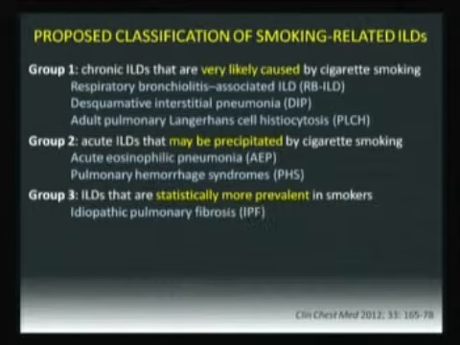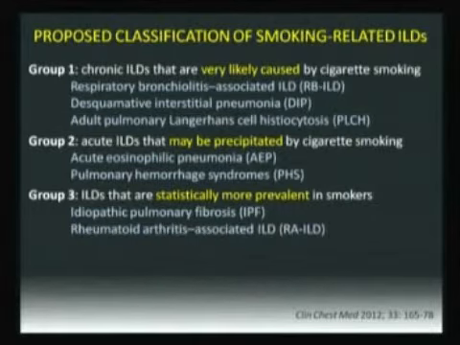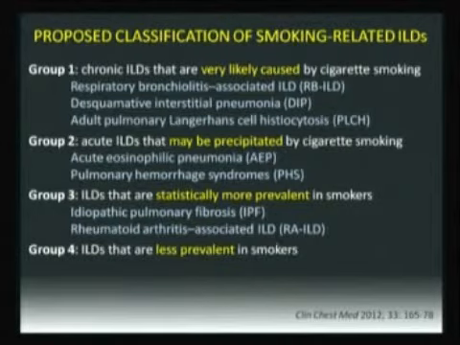IPF is the prototype, but rheumatoid arthritis-associated ILD is the other one. Then you have group 4, which I think is very intriguing because it has never entered any classification. Is ILD less prevalent in smokers? So we could say that in group 4, smoking is protecting from getting the disease.